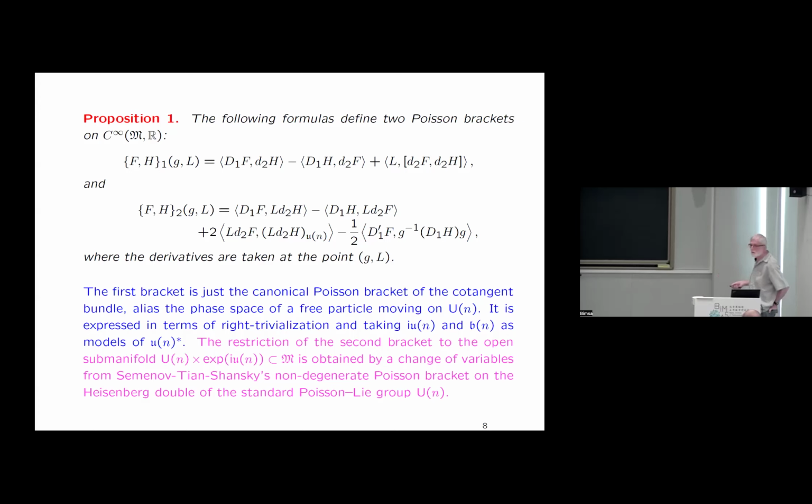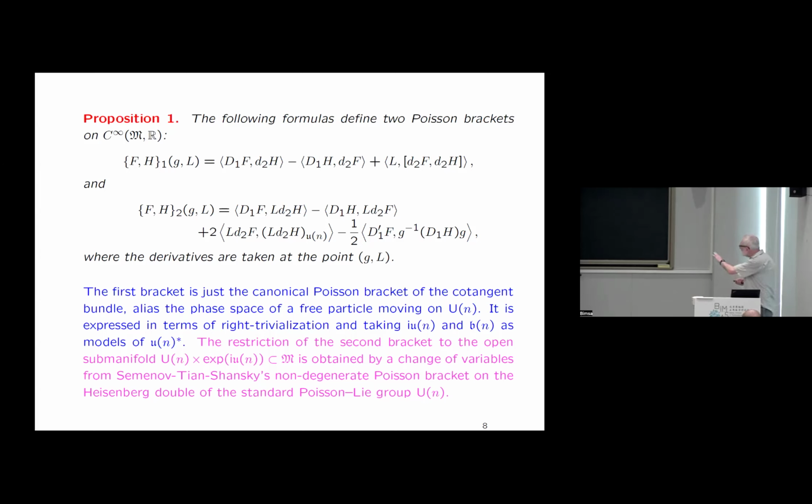The second is quadratic. Now, I don't think I want to spend time on how this Poisson bracket comes about, although I have written all the details, but it takes time. The second Poisson bracket also has a group theoretic origin: you take the so-called Heisenberg double of the standard Poisson group, which is actually GL_N(C) as a manifold, and then you get the second Poisson bracket from there in some neighborhood of the identity and by analytic continuation.